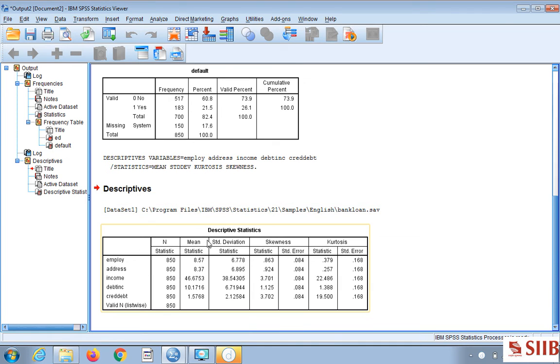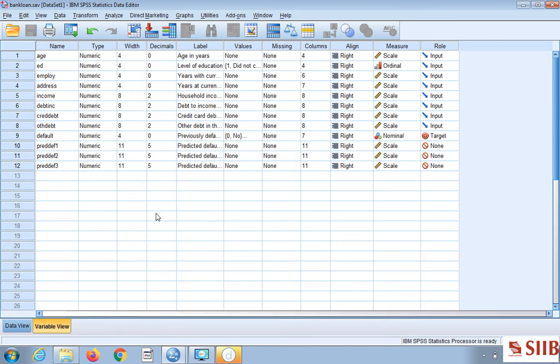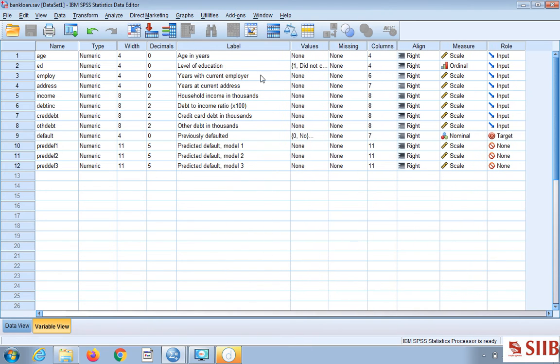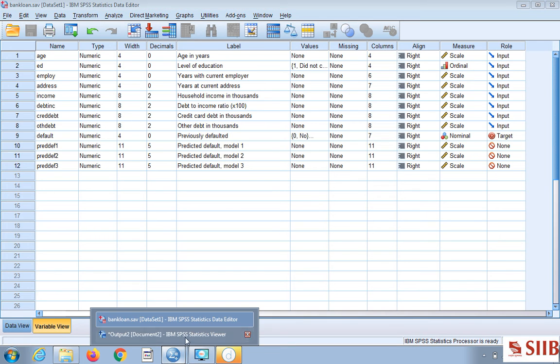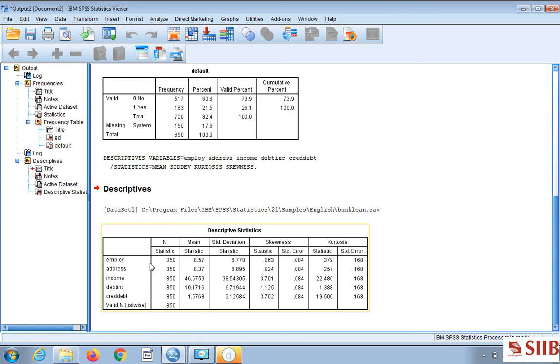So in one table you have got all the details. We have used a sample size of 850, and the employee variable, what does employee mean? Years with the current employer. On an average, 8 years the person is with the current employer.